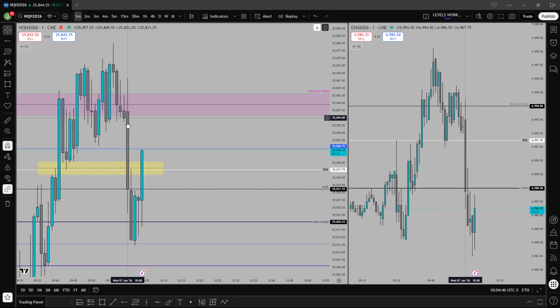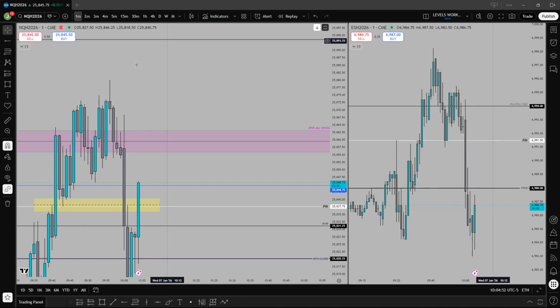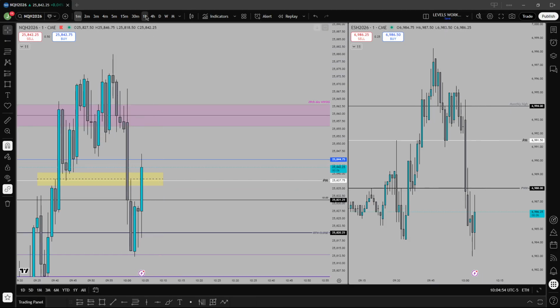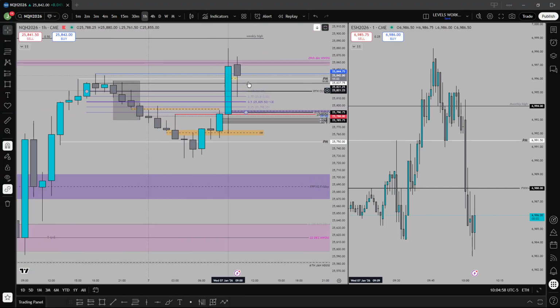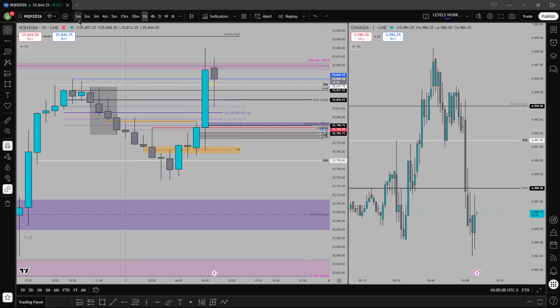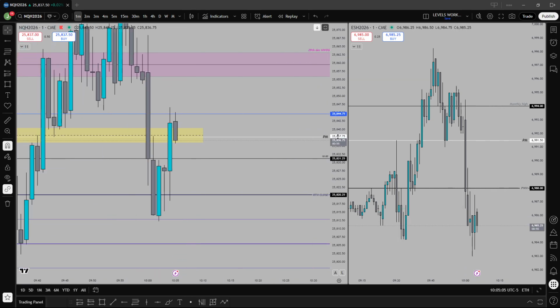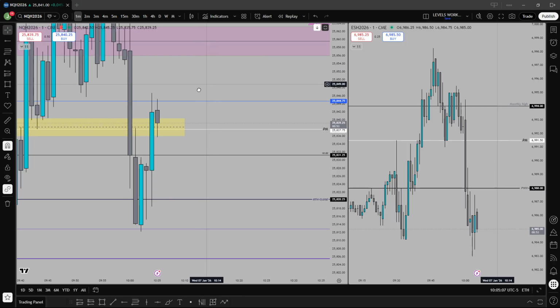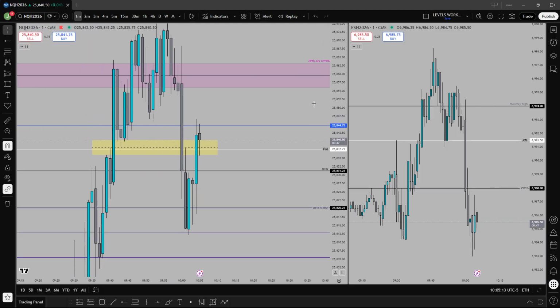We will have to invert this gap fully in order for us to start thinking that we are gonna go up here. I like it.